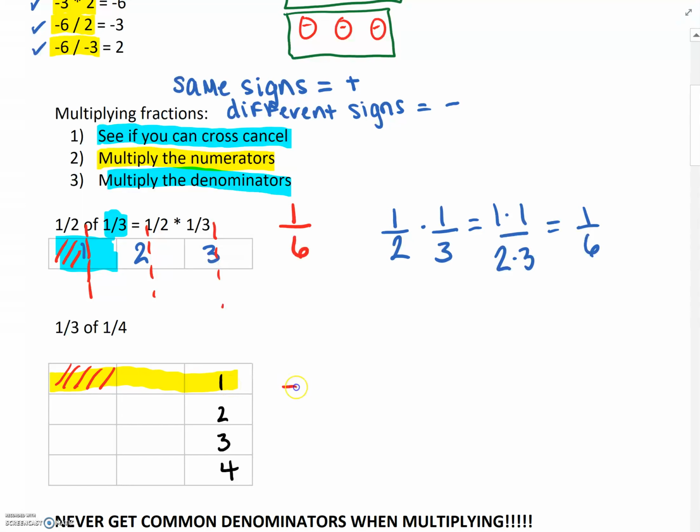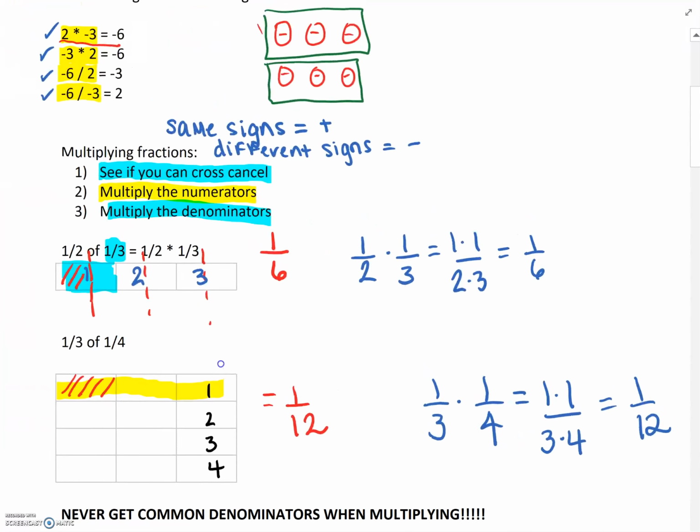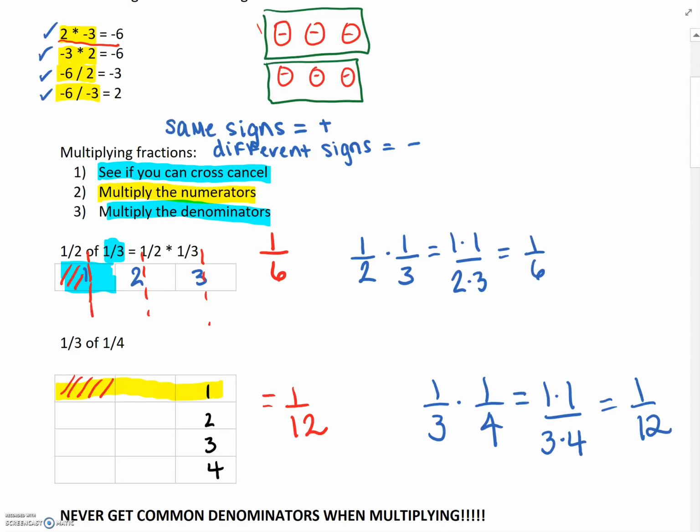So that would equal 1/12. So if we were to look at this with multiplication, it'd be 1/3 times 1/4, multiply the numerators, and then multiply the denominators, and you get 1/12. So these pictures can help you see what it actually means to divide something up using multiplication.